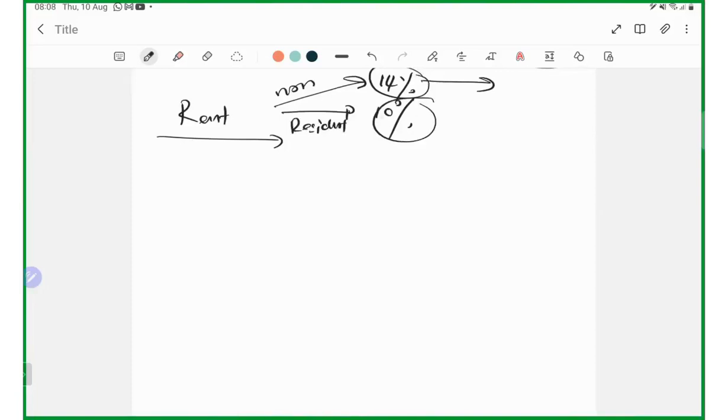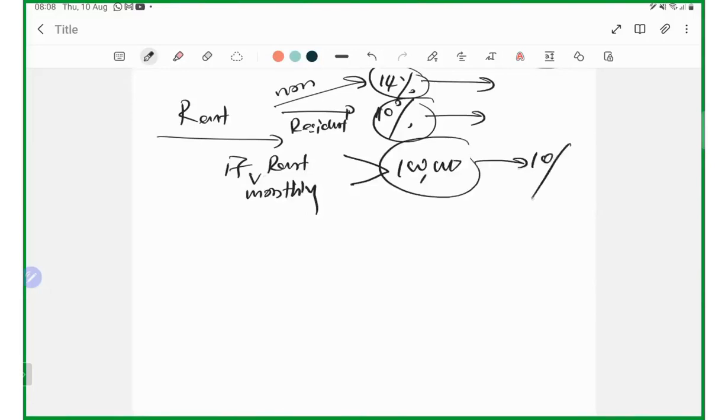So this 10% you have to pay on that rent. But the thing is, it should be monthly rent. If your monthly rent is more than 100,000, then only they will charge 10%.